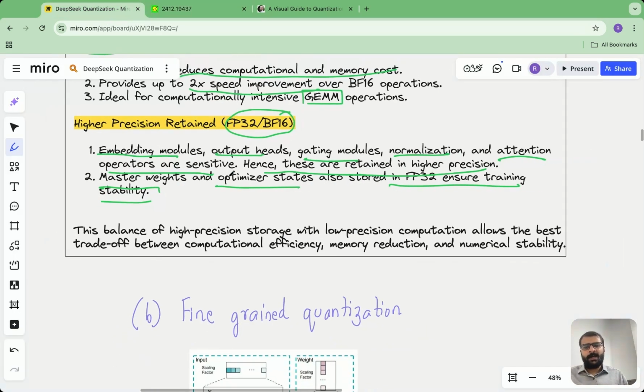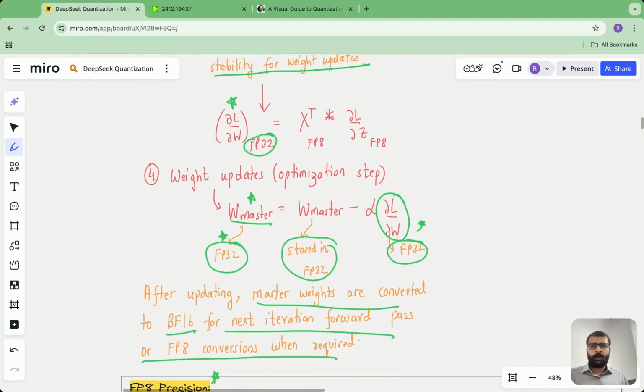So you see, we are using low precision, but at the same time, for some calculations, we are using high precision. So we get memory reduction, computational efficiency, and numerical stability at the same time. It's a very smart way of doing operations.